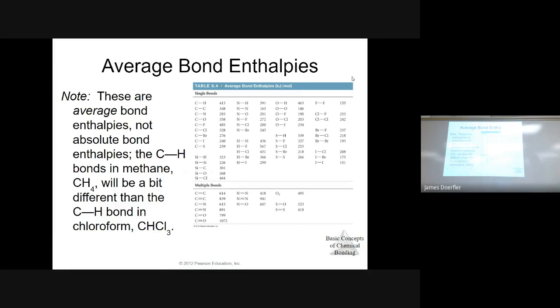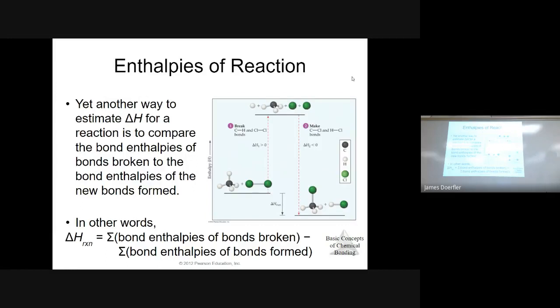Now, the way that we're going to solve for the enthalpies of reaction is that we're going to estimate the delta H for a reaction, so we can compare bond enthalpies of the bonds that are broken to the bond enthalpies of the new bonds formed.